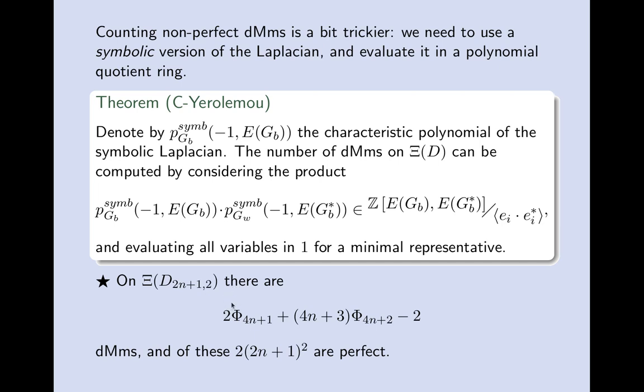And in this case, it's not quite a straightforward computation, but one can obtain that there is precisely this number of discrete Morse matchings on xi of these diagrams, where these phi here are the Fibonacci numbers of the corresponding index, while in a really more simple way we can obtain that among these exactly 2 times (2n+1) squared are perfect discrete Morse matchings.